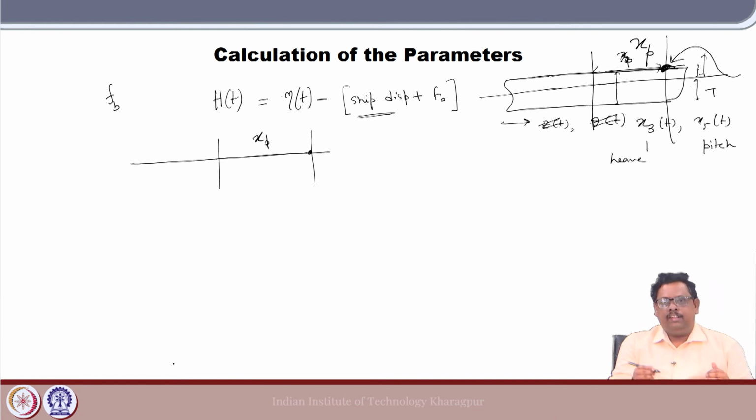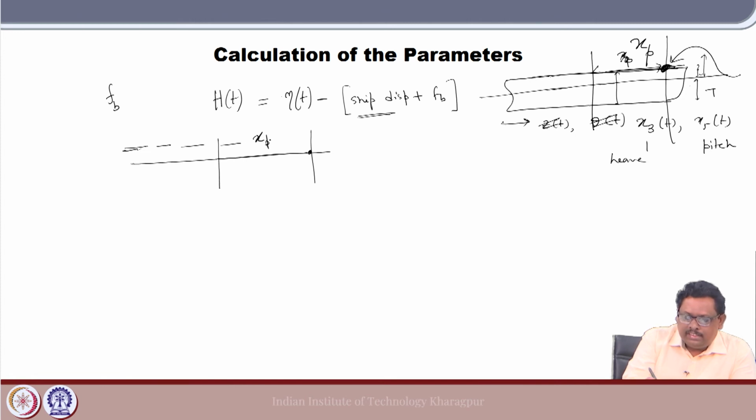Now, suppose it undergoes some kind of heaving and pitching. So, let us say that it approaches this point at any particular instant of time t. Now, we can call this the vertical displacement, and we call it x3.